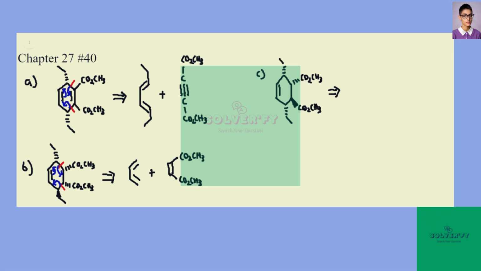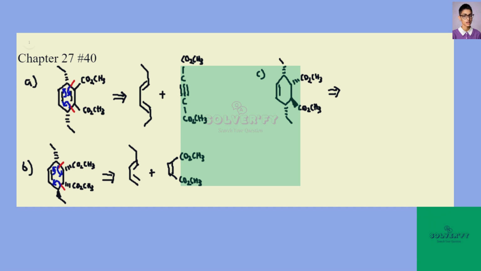And then we just need to look at how the substituents on the diene are going to look. For A, they were cis to one another, but here in B, they are trans to one another. And so we need to account for that. We can draw the top substituent exactly the same way that we did in A. It has the same stereochemistry. It's dashed.